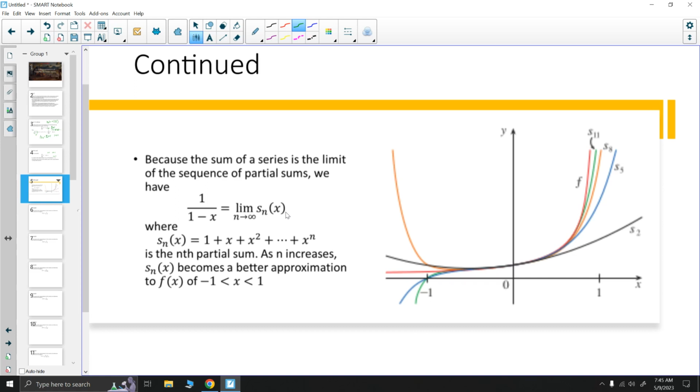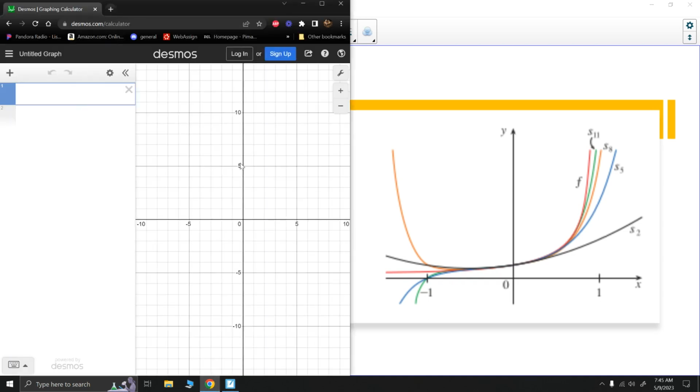Well, that's not really that big of a deal because we can do the integral of a partial sum because it's pretty easy to integrate a polynomial because we can just do individual terms. We integrate that thing and we just do it as far as we need to, basically, okay? So essentially, if we look at this red function here, this red function line is our function, 1 over 1 minus x. And so our partial sums, as we take this out further and further, they get better and better approximations. And we can actually see that on Desmos maybe a little bit better than this function.